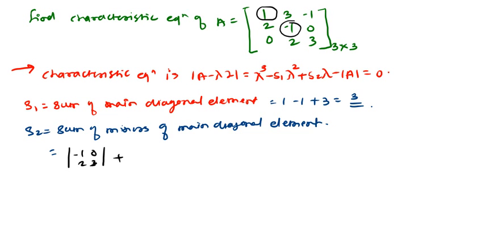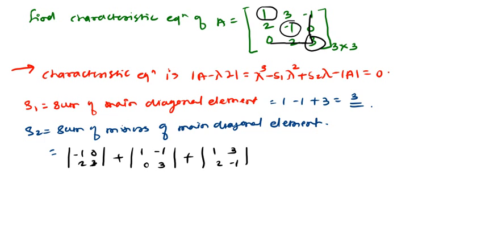I have explained what a minor means and how to find it. Okay, so this will be 1 minus 1, 0 3, plus, now the third main diagonal element is 3 and its minor will be, hide this, 1 3, 2 minus 1. Okay, and take its sum.